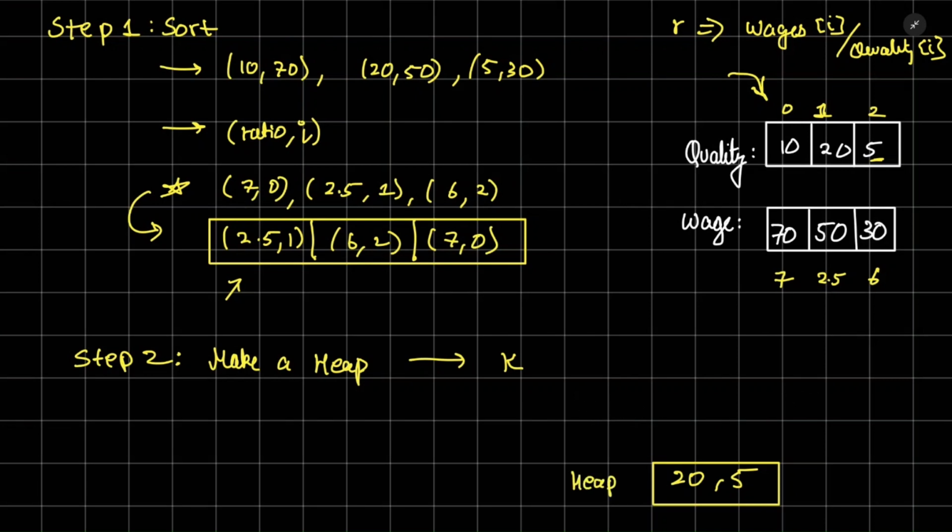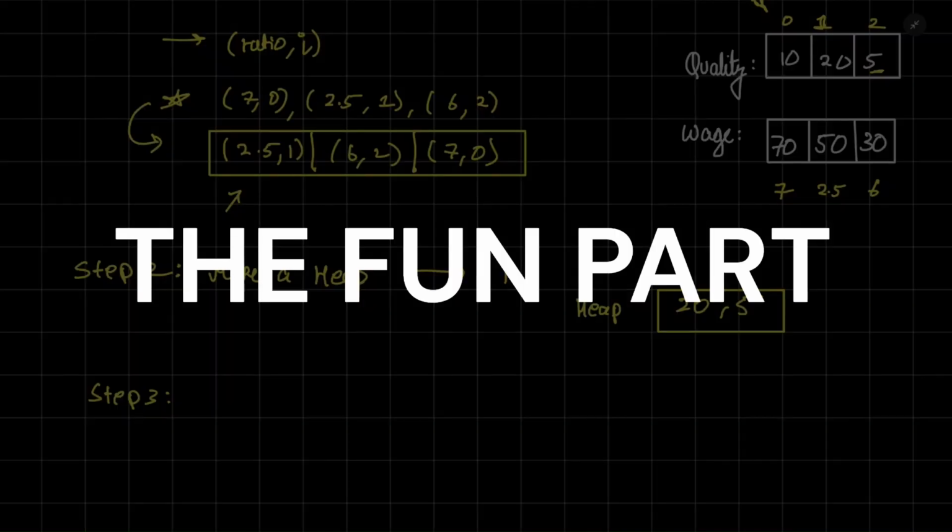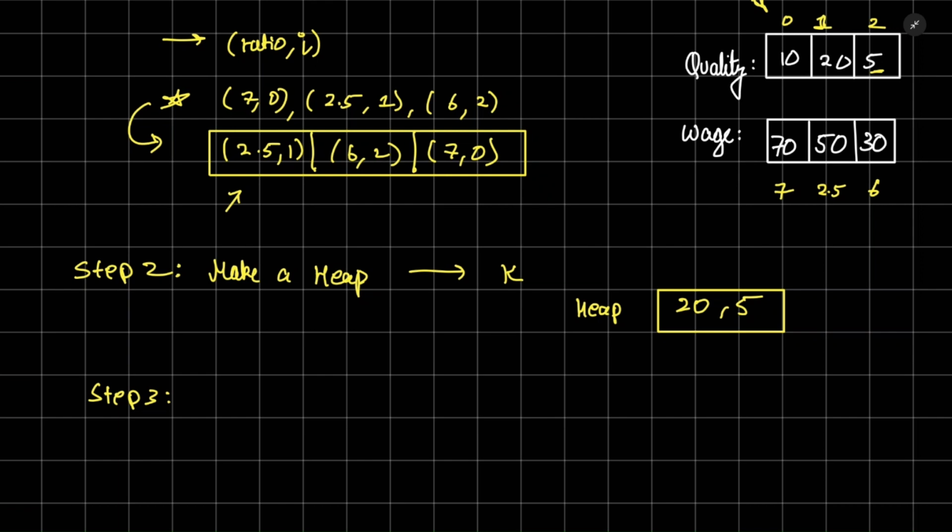And now, we move to step 3. Step 3 is the most important part. Now, let's try to understand what should be the price up till now that you have inserted in the heap. We can calculate it by the total quality that we have right now, multiplied by the maximum ratio.